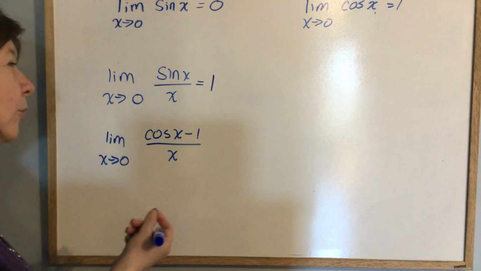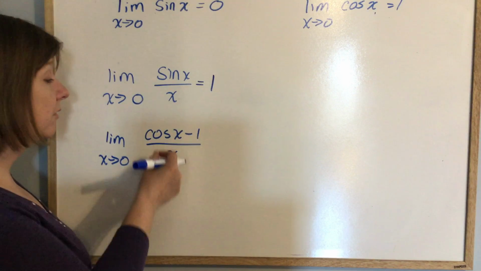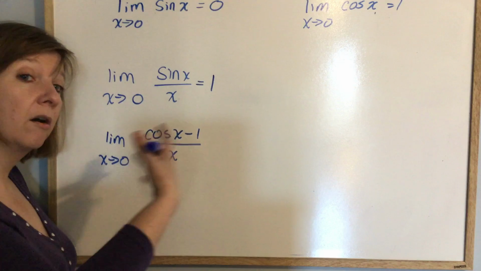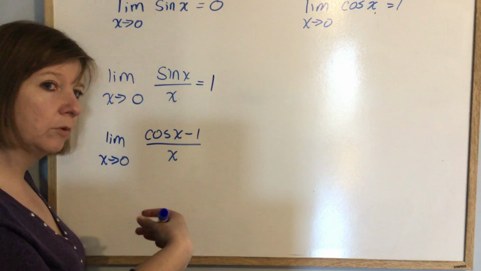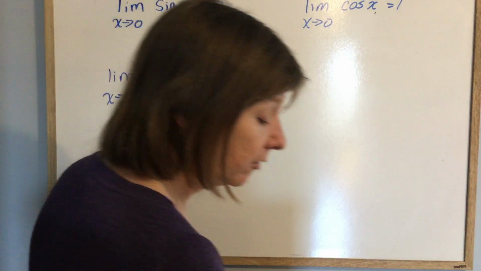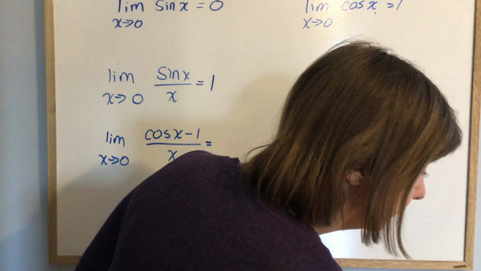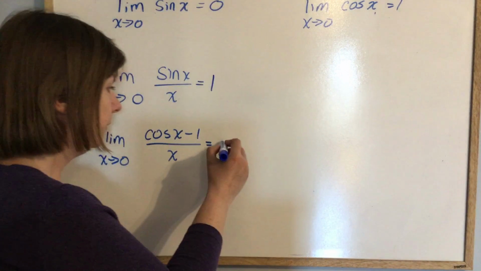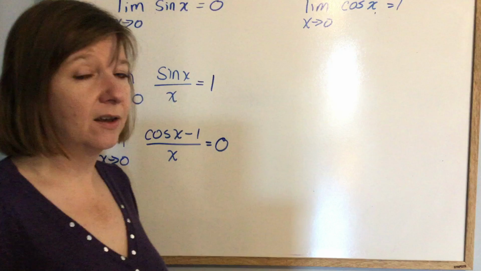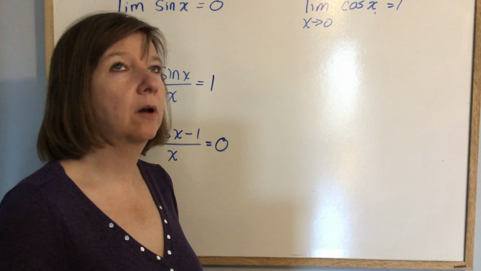And again, we know that x can't be exactly 0 because that would put 0 on the bottom of a fraction, but what if we got close to 0 in radians? What would my answer be? Turns out my answer would be 0. So there's another limit. So these are sort of like trig identities. They're things that you just kind of know.